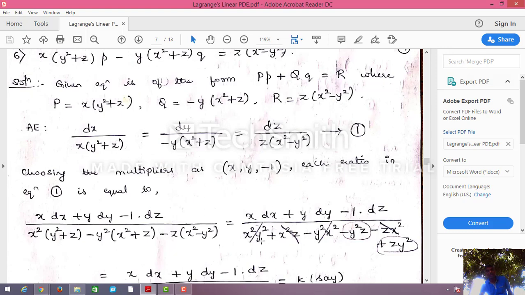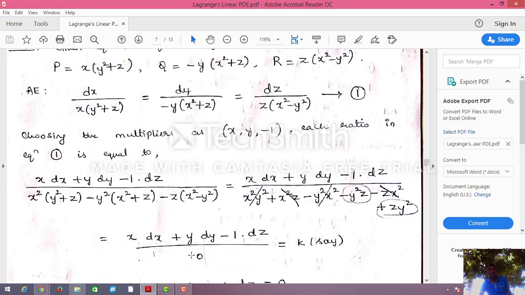Three positive terms and three negative terms are there: x²y² and minus x²y² cancel, x²z and minus x²z cancel, minus y²x² and plus y²x² cancel. So the denominator term comes to 0.